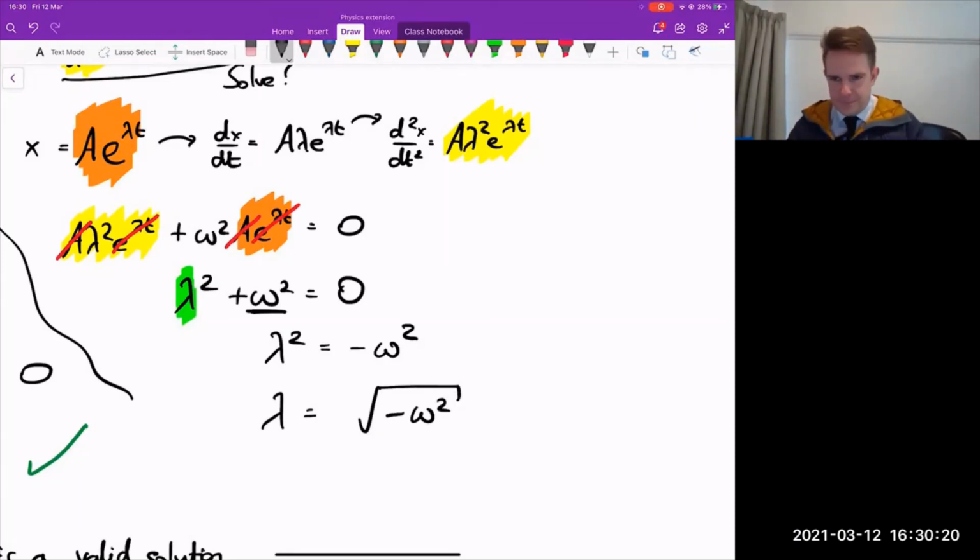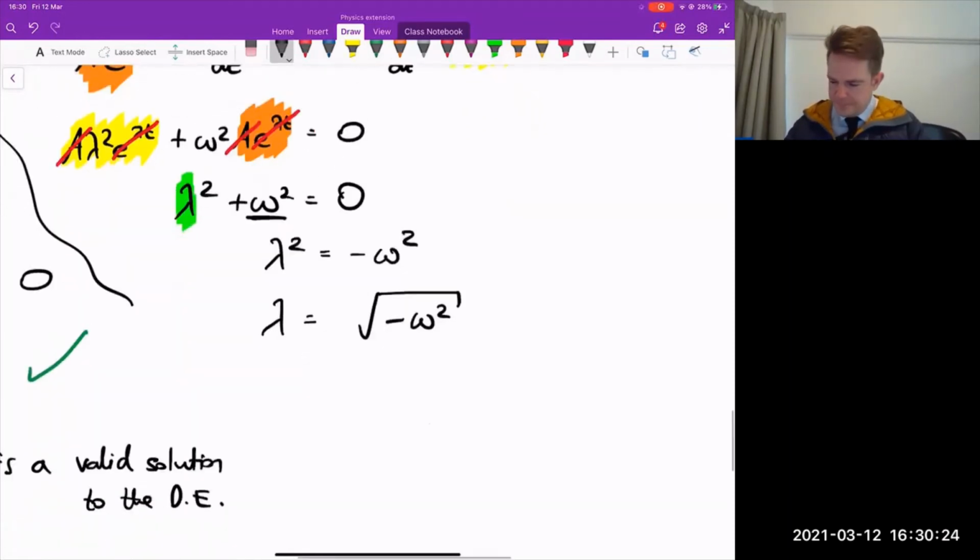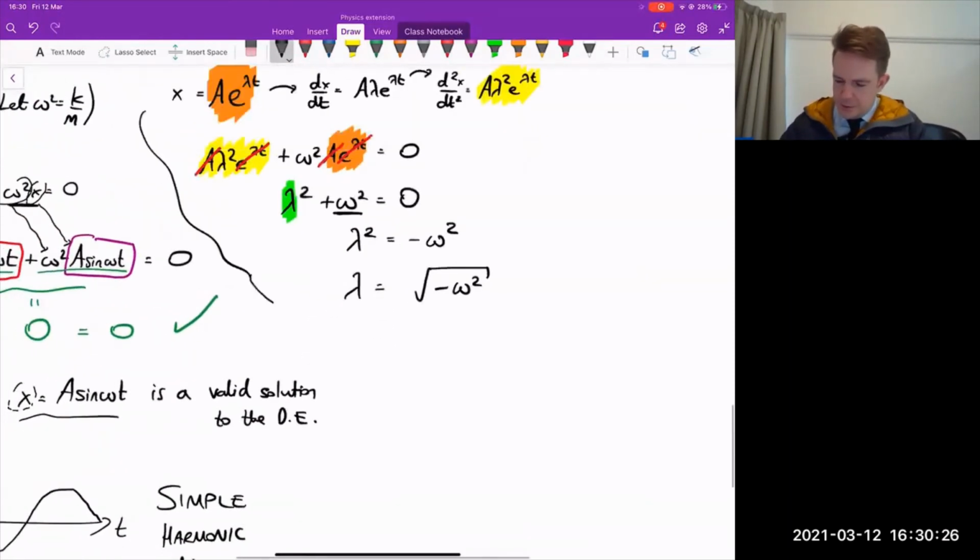Now, up until now, you have not come across complex numbers, but in order to solve this equation, you need to use complex numbers, because the square root of minus omega squared is actually plus or minus omega times the square root of minus 1.